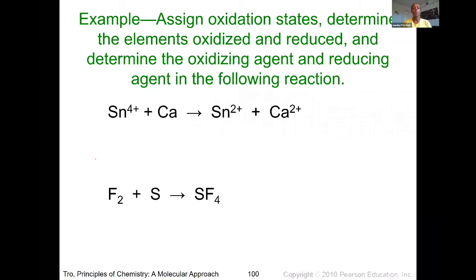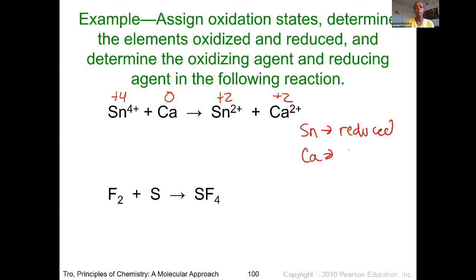Okay. 2 quick examples here. For the first reaction, we have +4 here and 0, +2 and +2 as their oxidation states. We see that Sn4+ is being reduced. It's going down. It's gaining electrons. Calcium is going up. It's losing electrons.